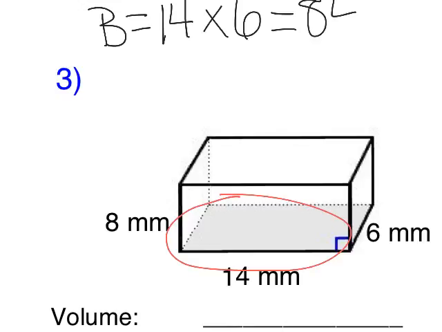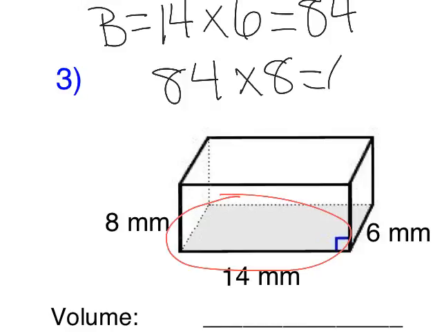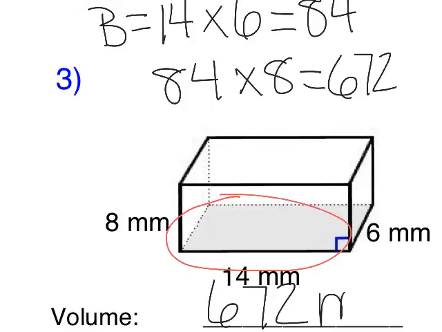Then we're going to multiply that by our height of 8, so 84 times 8, and that will come to 672, so 672 millimeters cubed.